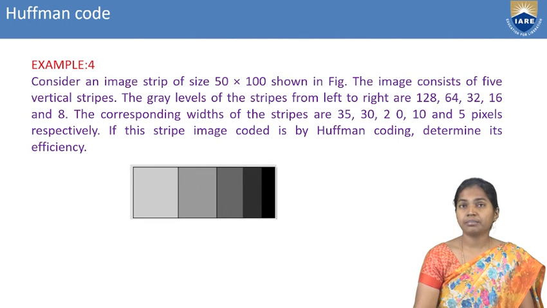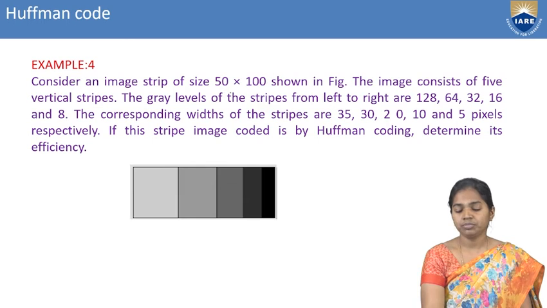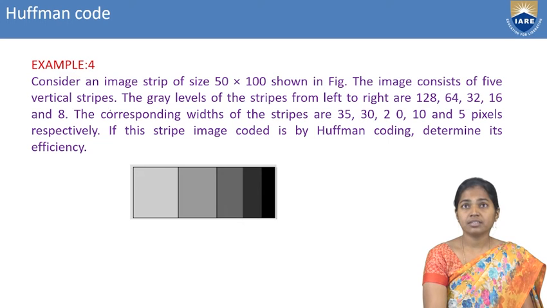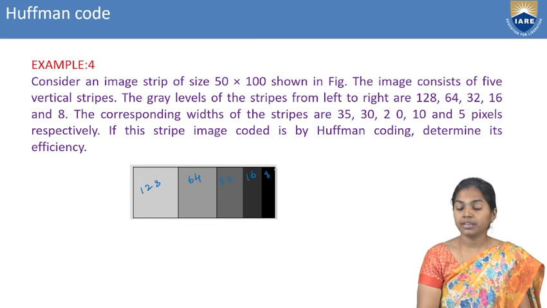And the next example is, consider an image strip of size 50 into 100 as shown in the figure. The image consists of 5 vertical strips. The gray levels of the strips from left to right are 128, 64, 32, 16 and 8.